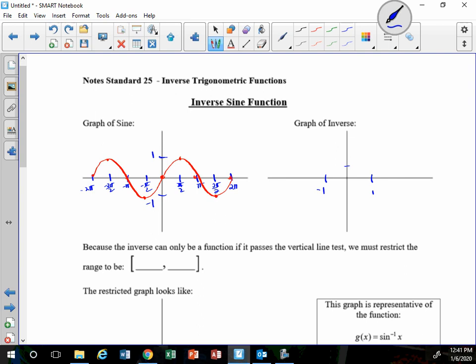And then you can squeeze it in here up to 2 pi on the y-axis. Okay, so with the inverse, you switch the x and y labels.